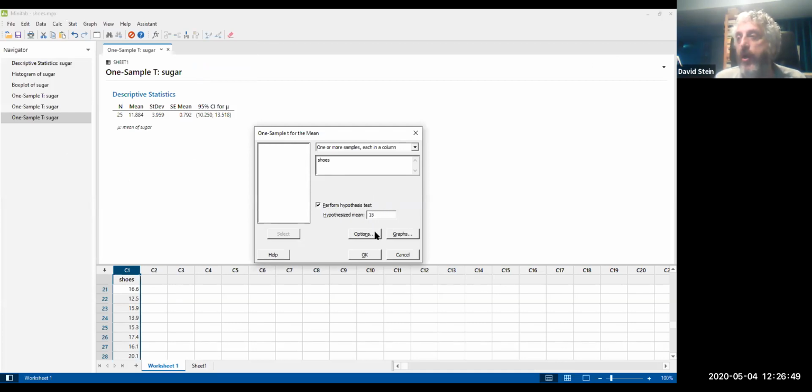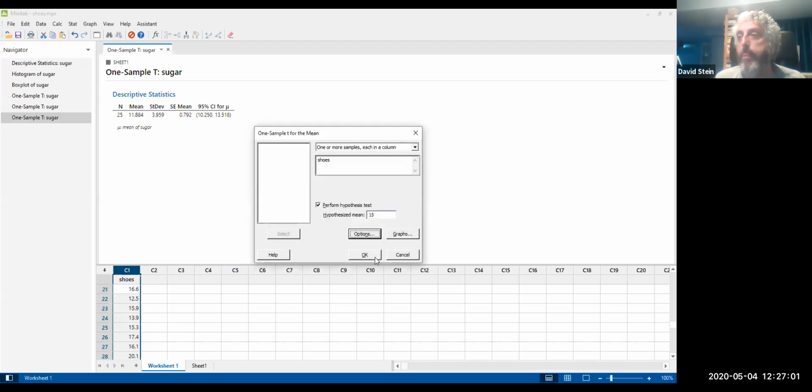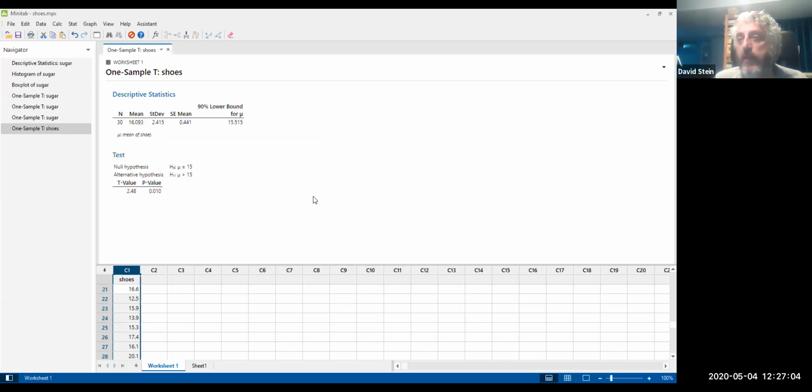And I'm going to do an option. We said 90% confidence interval. And the mean is bigger than the hypothesized mean. Now I get the p-value that I got, which was 0.01. A t-value that I got, which was 2.48. That was all good. But this number is different than what I got.